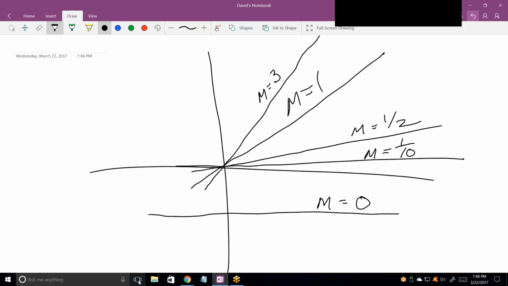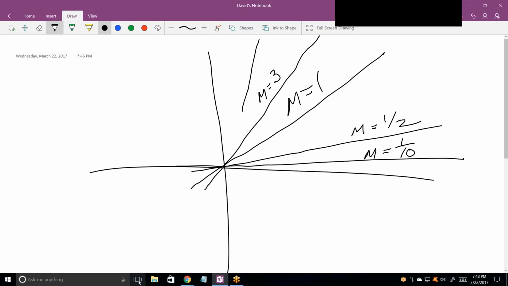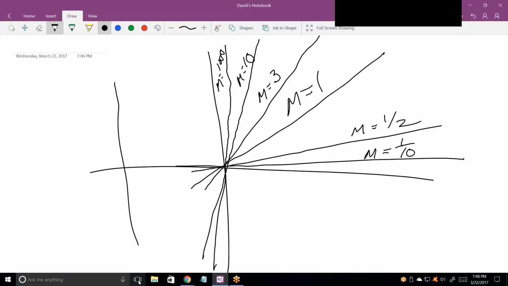So the slope of a horizontal line is 0. Now let's go the other way. Let's make the slopes steeper. Well, that slope right there is probably 10. That slope right there might be 1,000. So what do you think the slope of a vertical line is?